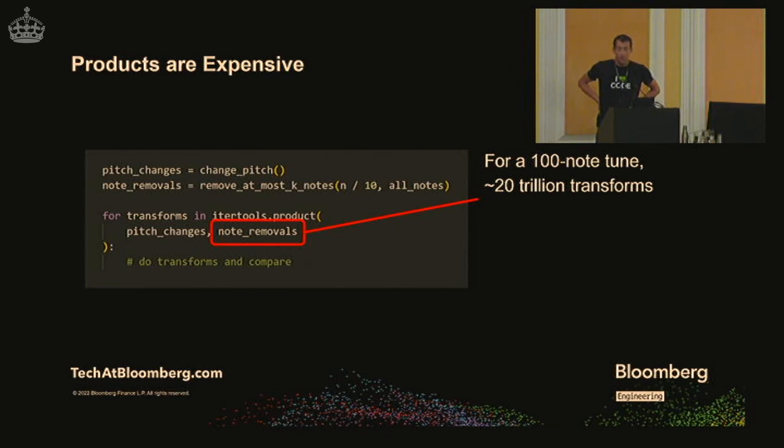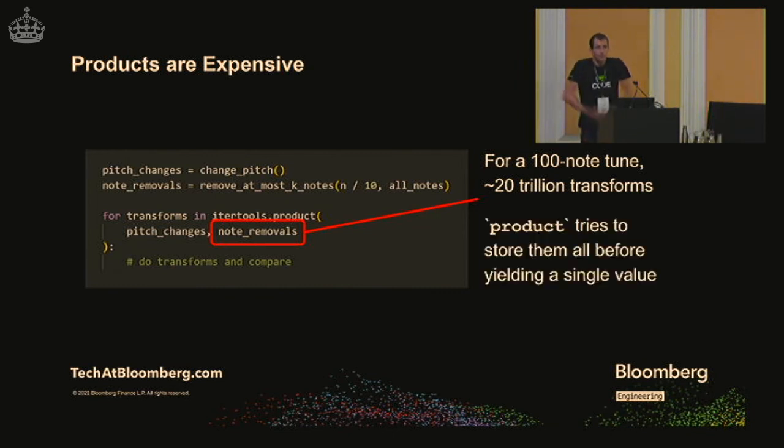For a 100-note tune, that's around 20 trillion elements long. But it's a generator. We're not storing all of them at once unless we pass it to product, which does exactly that. It tries to store them all in memory in order to iterate through it multiple times.